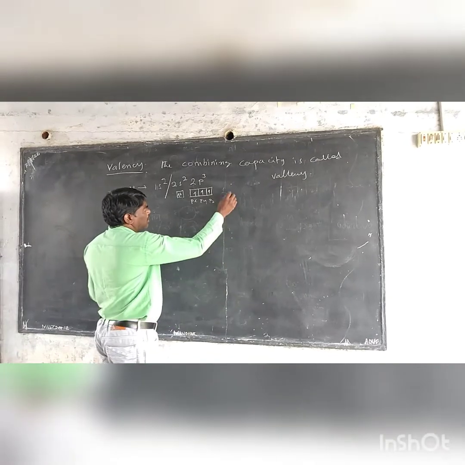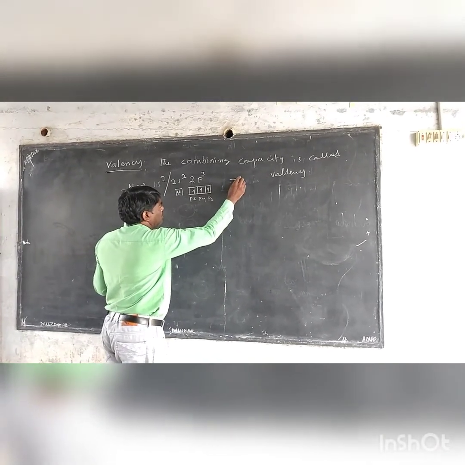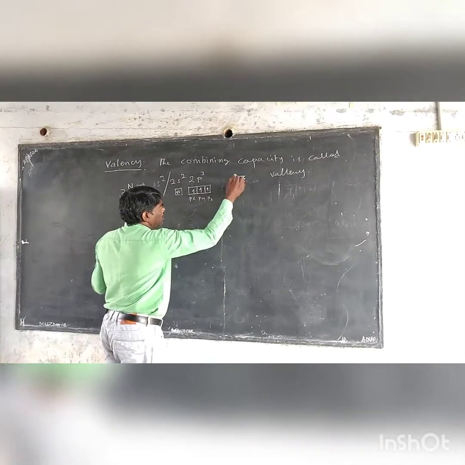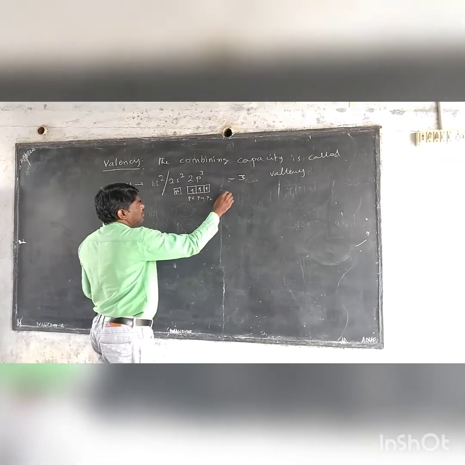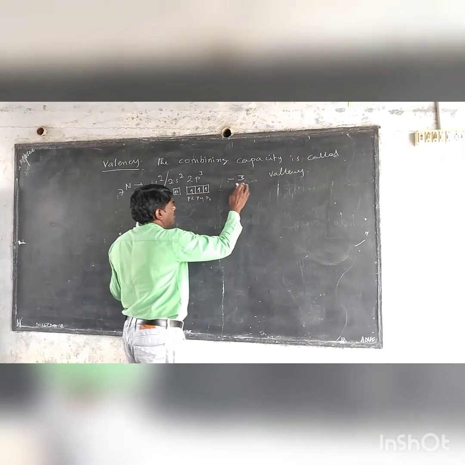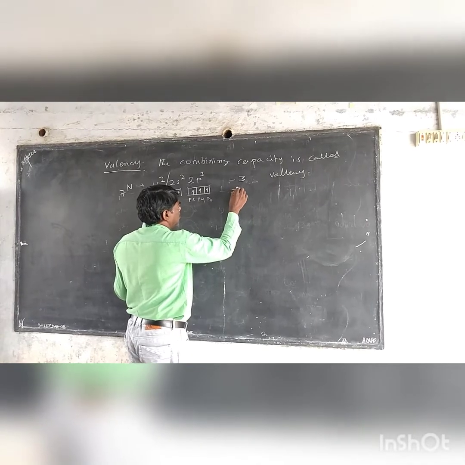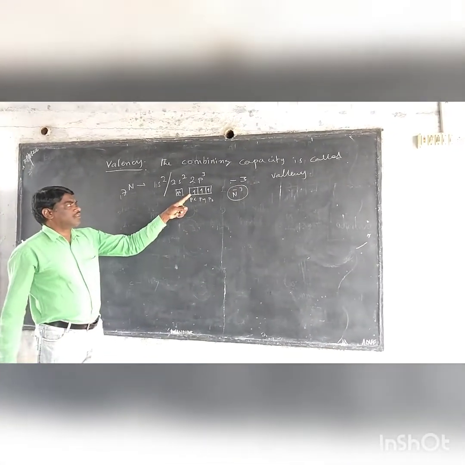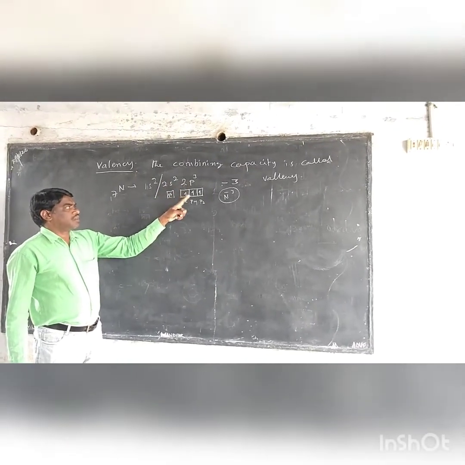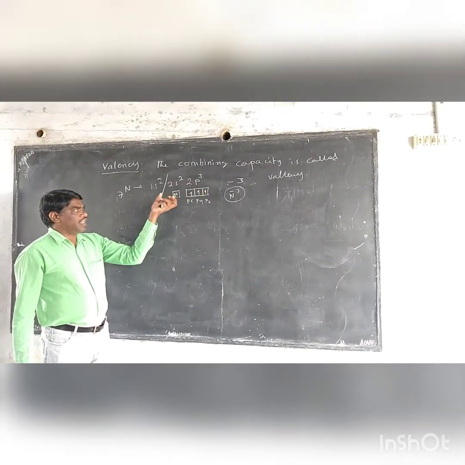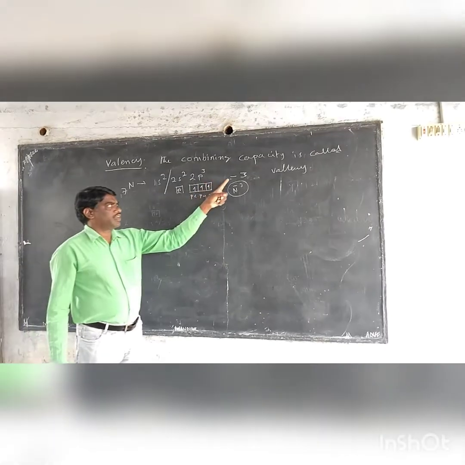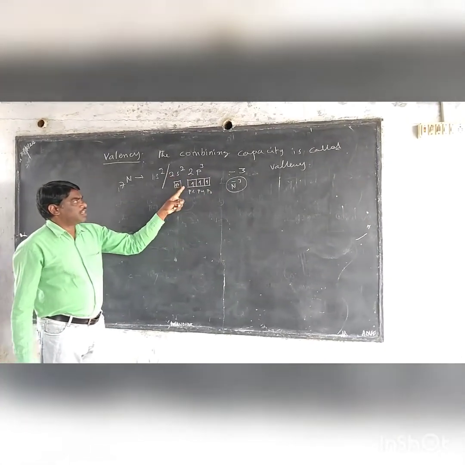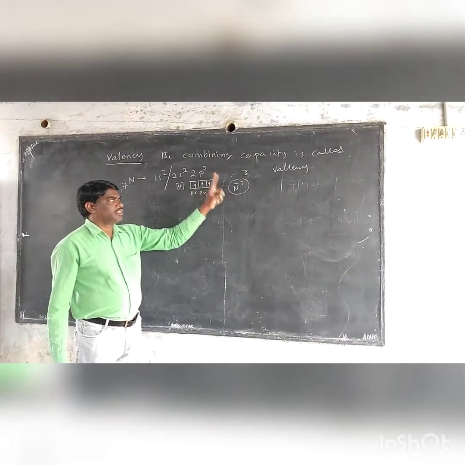So totally 3 electrons are needed. The valency of nitrogen is minus 3, so you can write N to the power minus 3. Because the p orbitals need 3 electrons, gaining electrons gives a negative charge. So that's why the valency of nitrogen is minus 3.